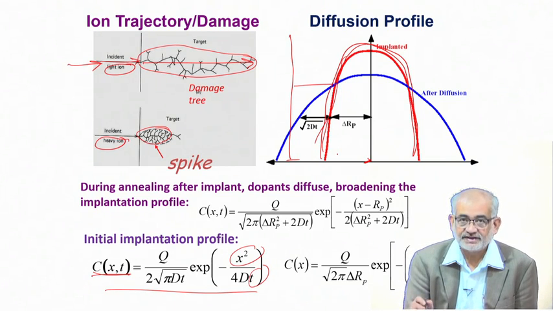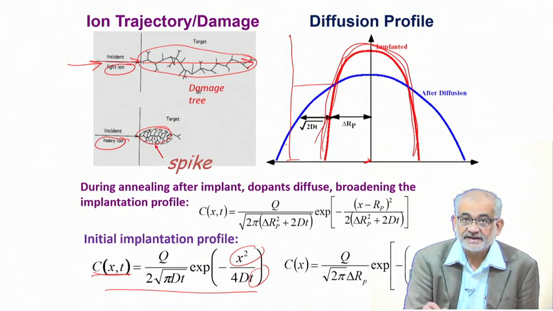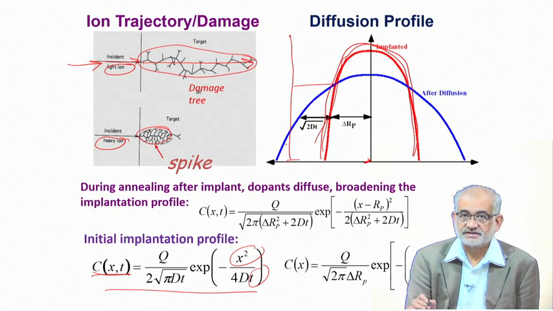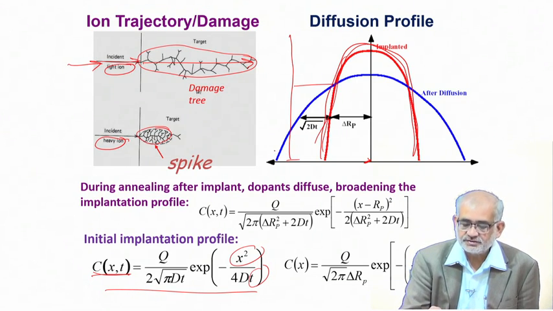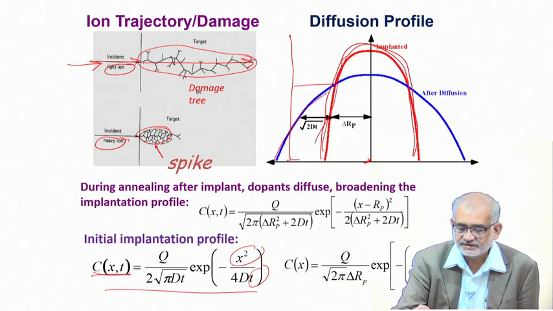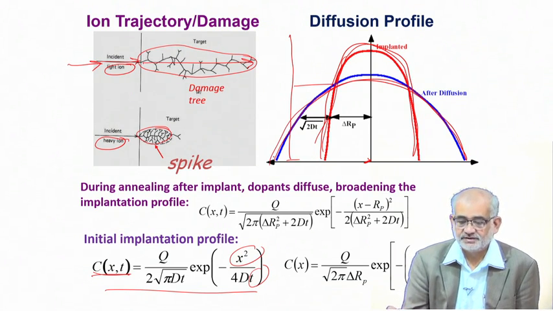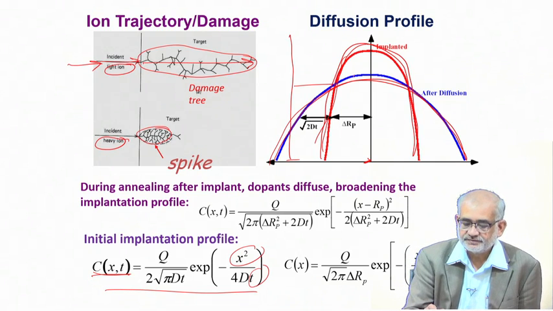So in order to avoid that, you would like to create a rather more stable structure, and for that you subject it to some thermally activated process of annealing after implantation, so post-implantation annealing. After annealing, you develop a profile which is shallower and broader.